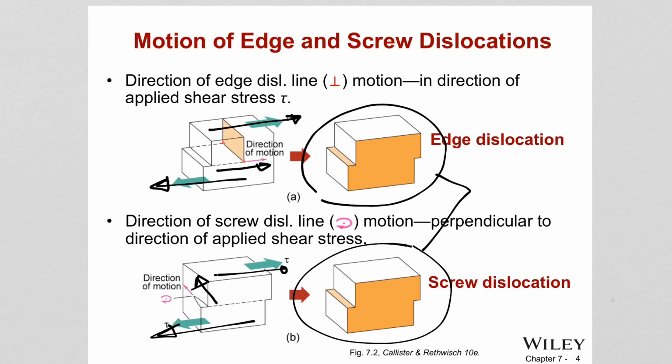One is moving in the direction of the stress, one is moving perpendicular to the applied stress. So when it comes to mixed, then mixed is neither perpendicular nor parallel. It is in between.